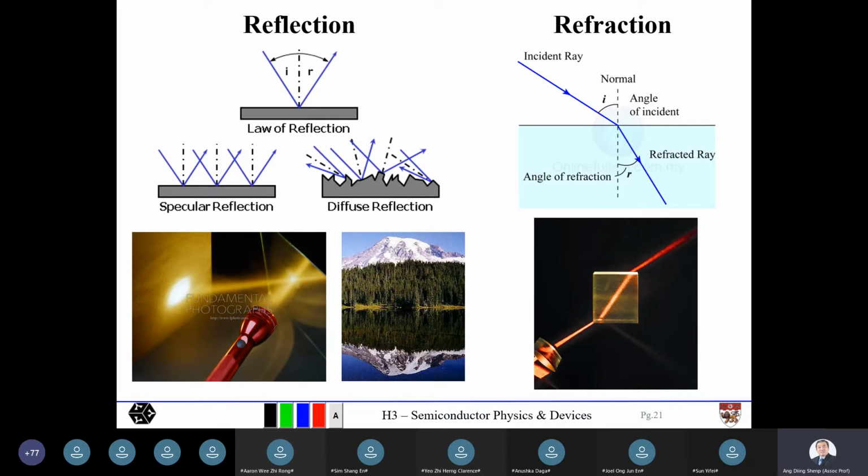Also, I think you are familiar with this point: for refraction, the angle of incidence can be related to the angle of refraction through Snell's law. We will use this later on when we quantify the amount of light that can escape from the semiconductor into air.